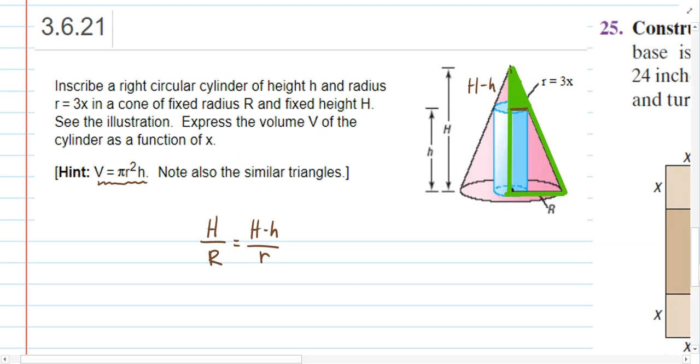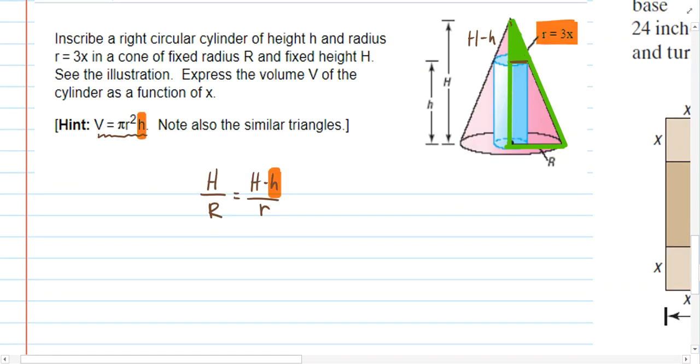Now I'm going to elect to solve for lowercase h here because I would like to replace h in our volume formula. We already have an idea of what radius is going to be based on x, so solving for h in this case will be more helpful. And again, since we know that r is equal to 3x, we have this H minus h up here.